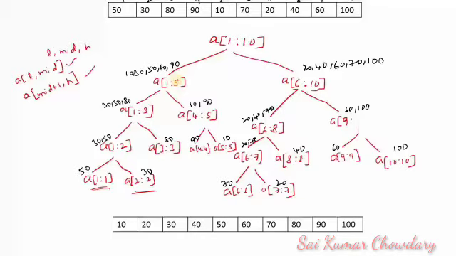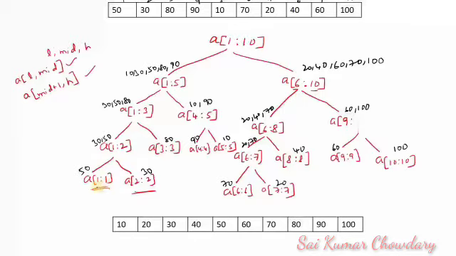You are dividing your array into smaller arrays, dividing your problem into subproblems until you feel that your problem is small. Why do I feel that this is small? Because you cannot divide this further. A of 1 to 1 means only one element, you cannot divide further. So that's why this is a small problem.